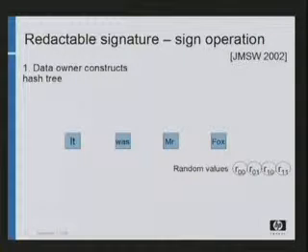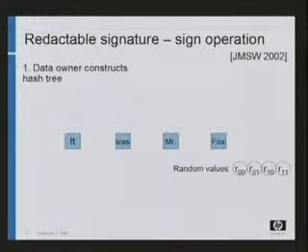All right, so our solution is based on the Merkle hash tree, and we generalize an existing redactable signature scheme by Johnson, Molva, Song, and Wagner in 2002. Here I'm going to first briefly describe their solution, and then talk about how we generalize their model to pseudonyms.